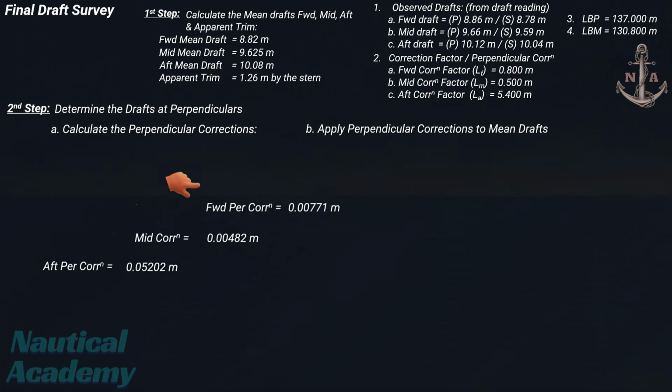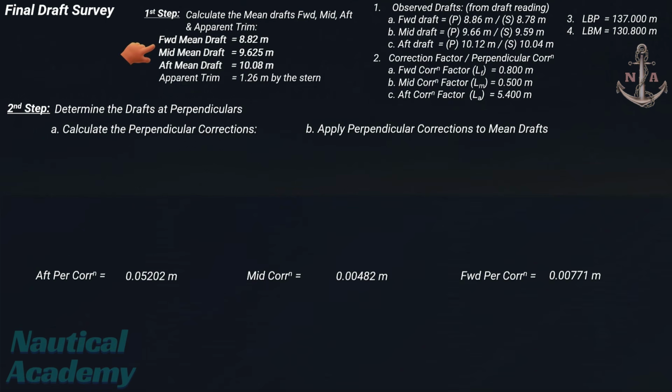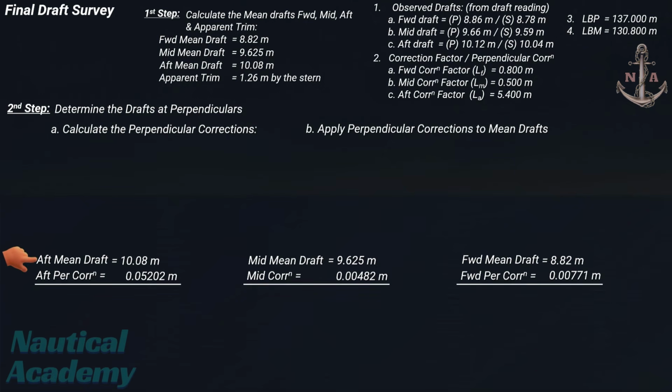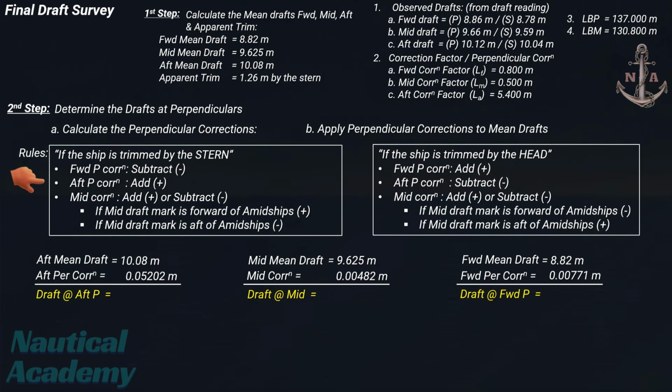Next, apply the perpendicular corrections to the mean drafts we have calculated earlier to determine the drafts at perpendiculars, following these rules. Since the ship is trimmed by the stern, we subtract the forward perpendicular correction from the forward mean draft. This gives a draft at forward perpendicular of 8.81229 meters.